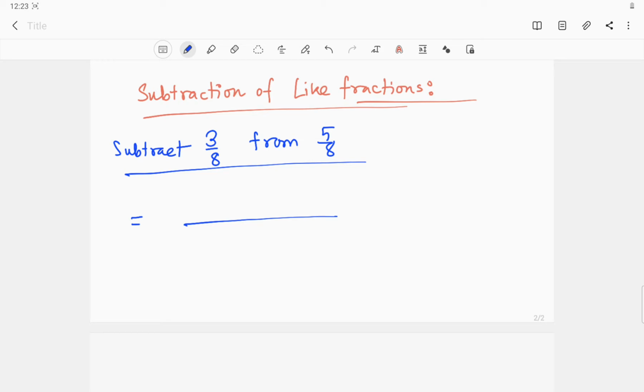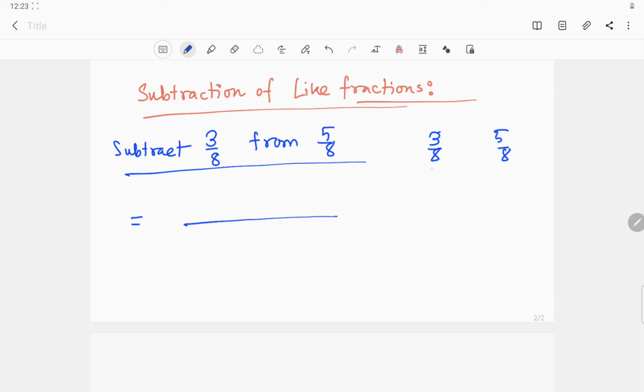So at first you have to write the bigger fraction, then subtract from it. Which is bigger, 3 by 8 or 5 by 8?